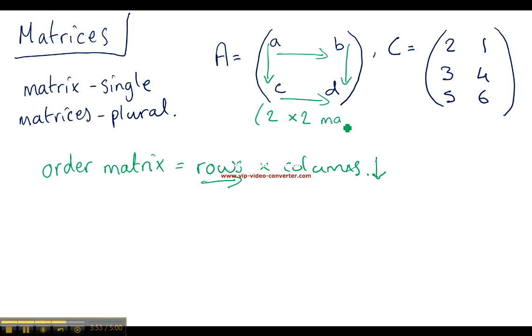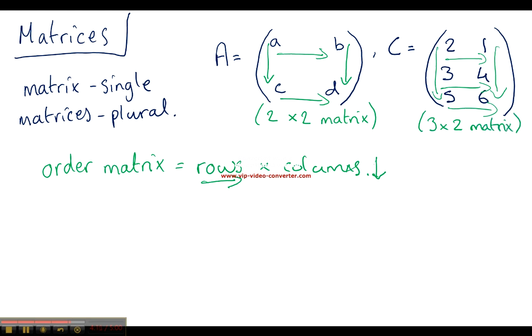So that's what's called a 2 by 2 matrix. Over here we have 3 rows, we've got 2 columns, so we have a 3 by 2 matrix.